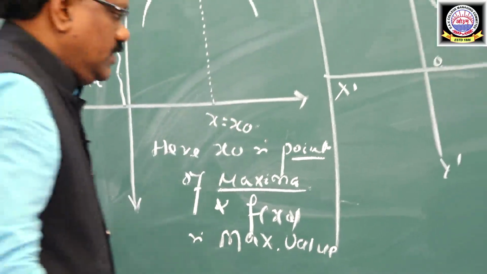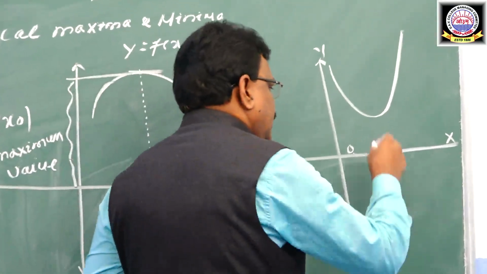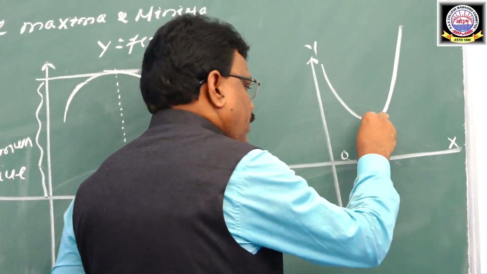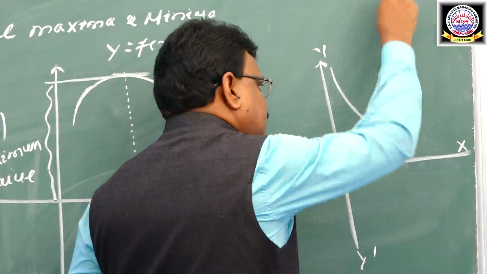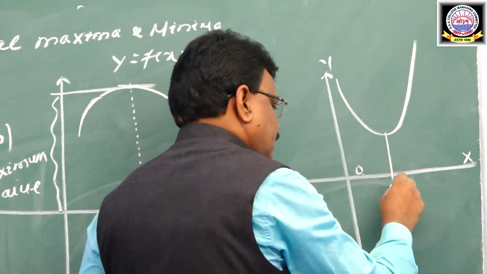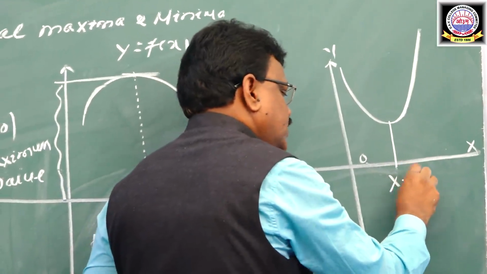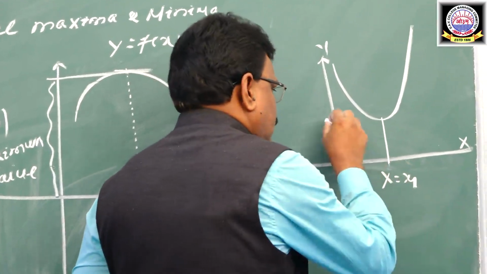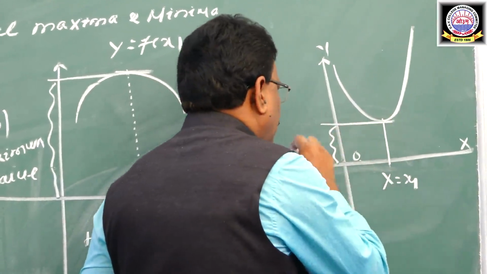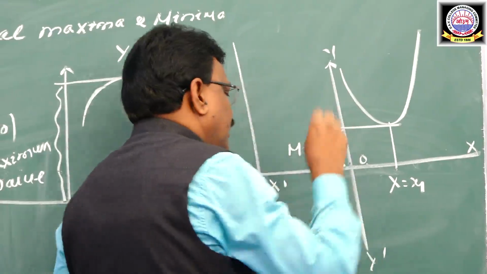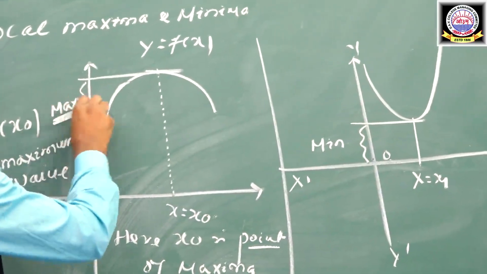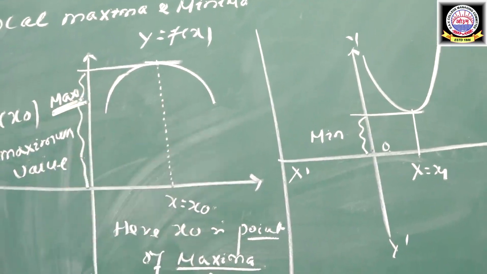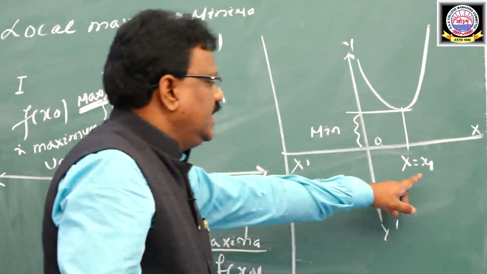So let us come to this function. Here you see, the function attains the minimum value, because after that it is increasing. Let this point be x equal to x1. So this is the minimum value of the function, and I will write that this is the maximum value and this is the minimum value. And where is the minimum value attained?